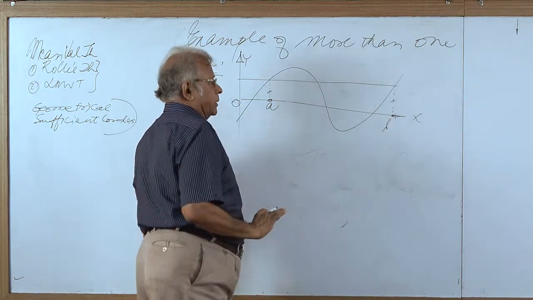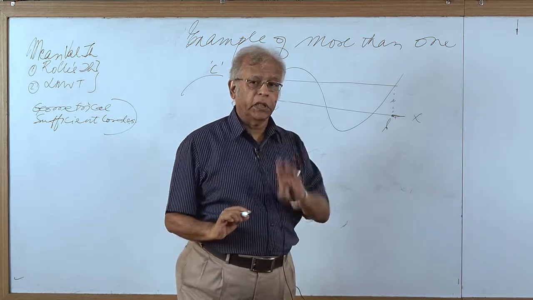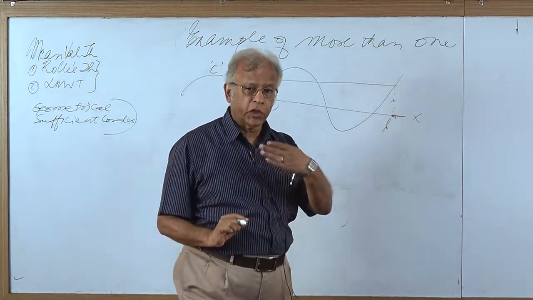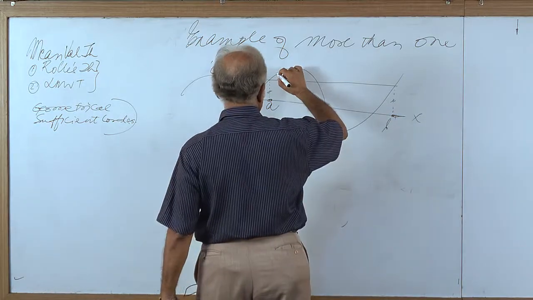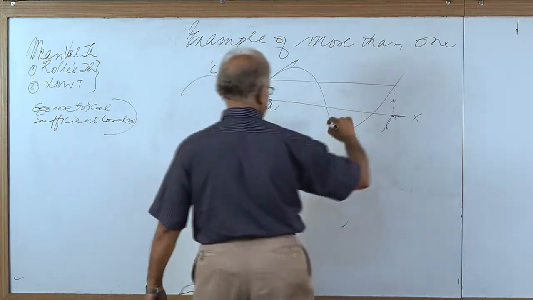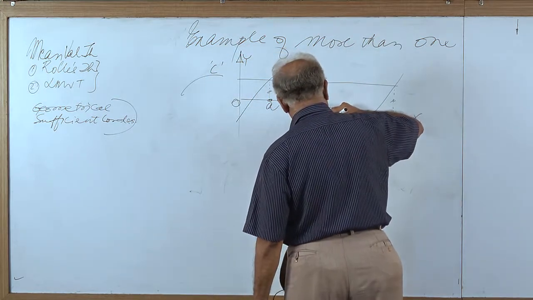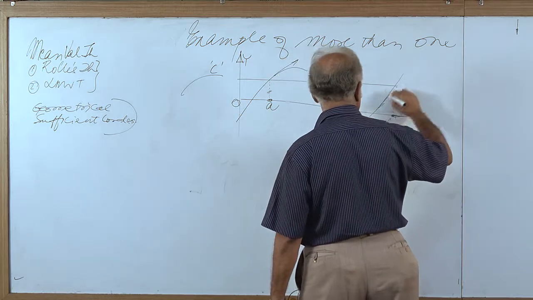Again, since there are no sharp points on this curve, it is derivable. In other words, the tangent can be drawn at every point. So the function is differentiable everywhere in the interval a to b. No matter where we go, we can draw a tangent.